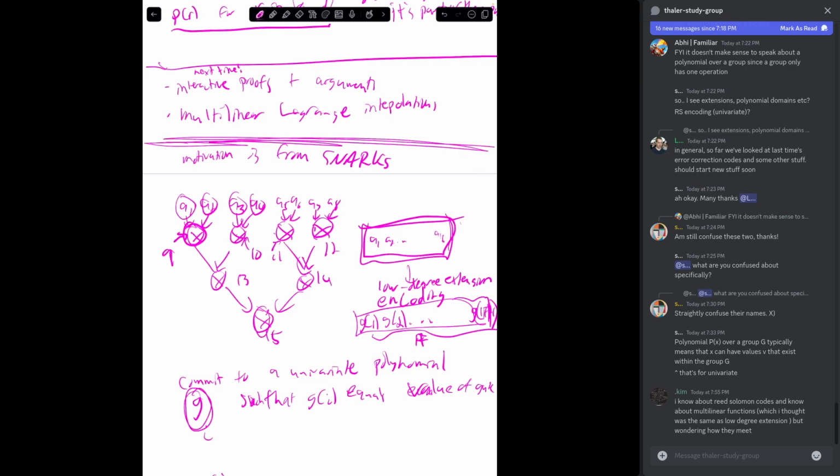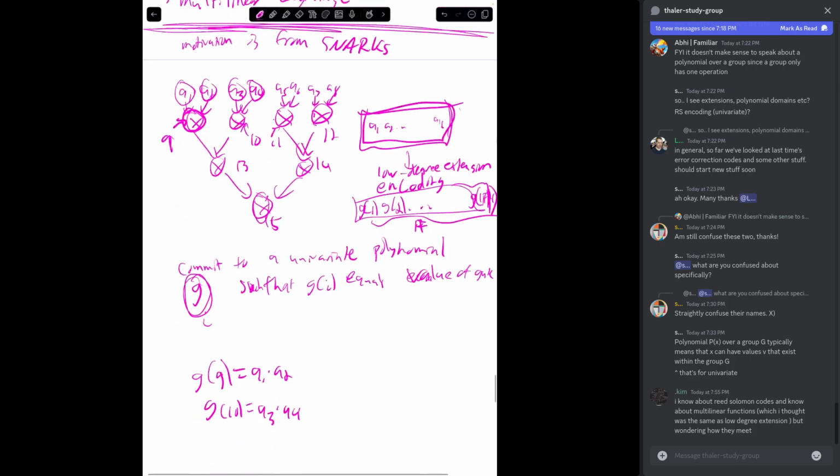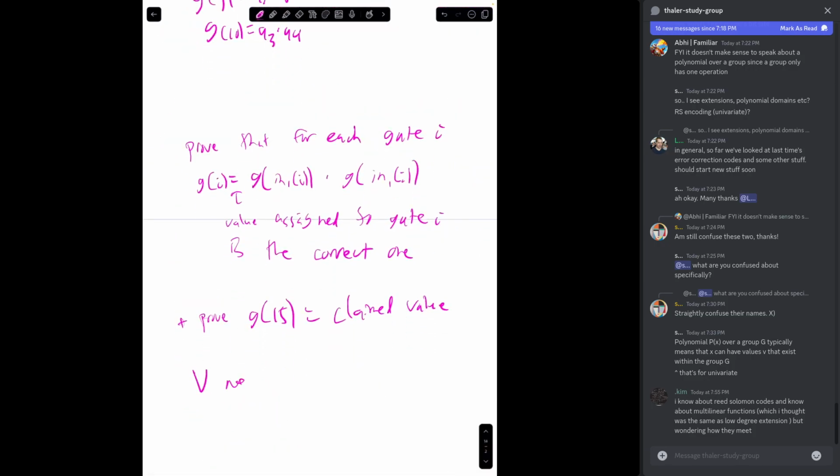And the verifier is ultimately going to do some randomized checks on the committed values, and at the very end of the snark, the verifier is going to need to know one evaluation of the committed polynomial. And so that's the actual motivation.